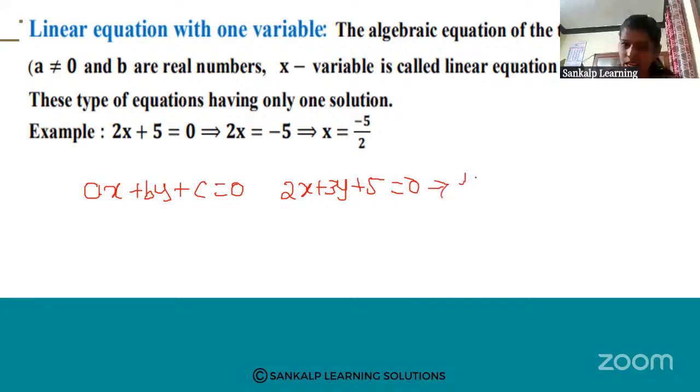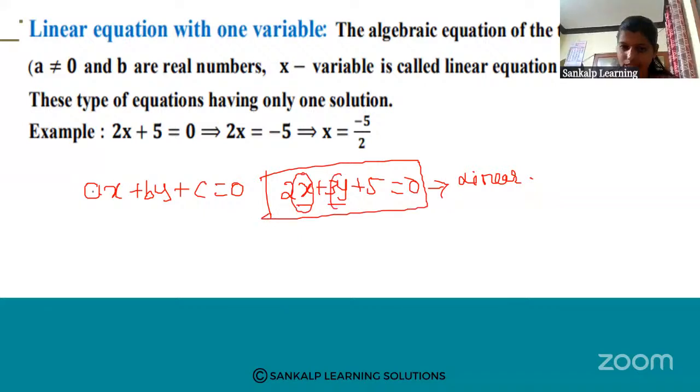If the degree is 1, then that equation is a linear equation. Here, how many variables are we using? Two variables, that is x and y. Therefore, this is the linear equation with two variables, right? So this is the general form of linear equation in two variables, ax plus by plus c equal to 0.